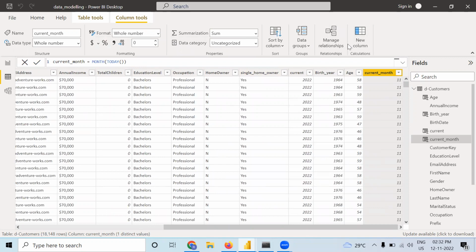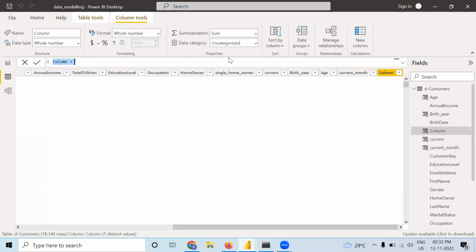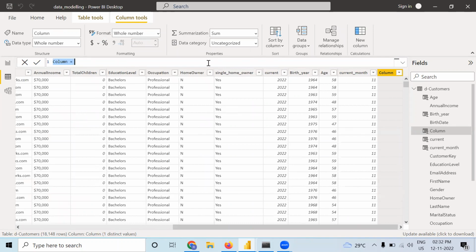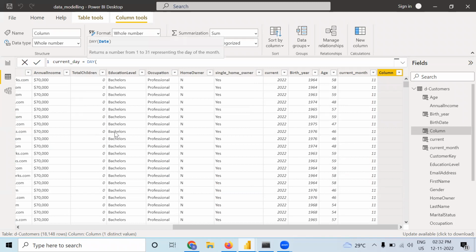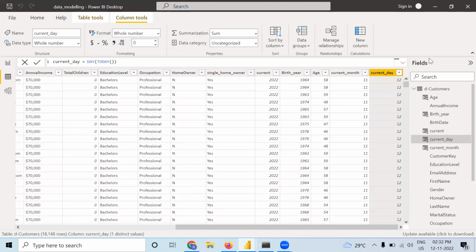Similarly, we can extract the day also. Today is 12th, right? So this is how we can extract different things.